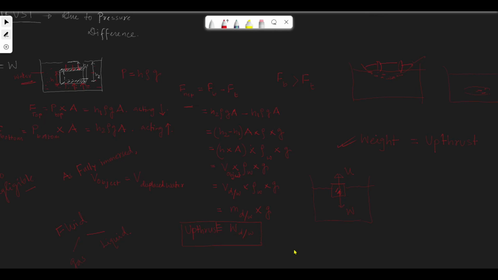So upthrust is the pressure difference, which is why an object experiences an upward force.